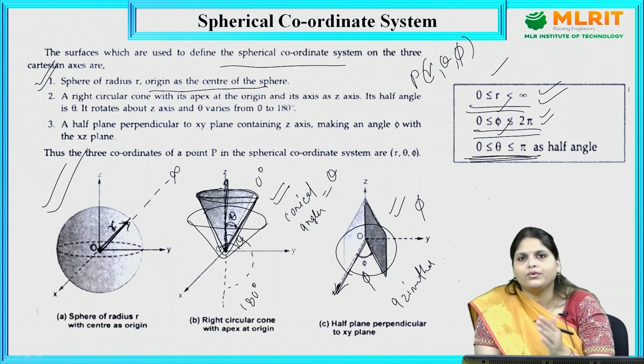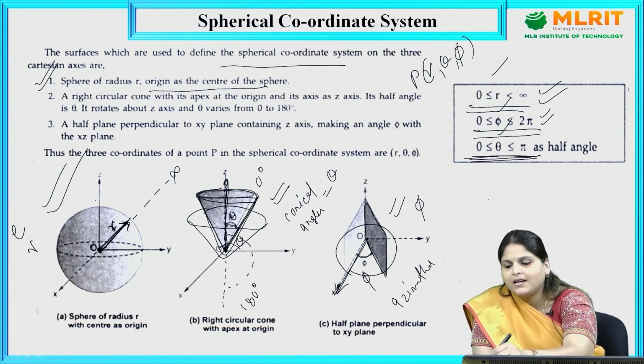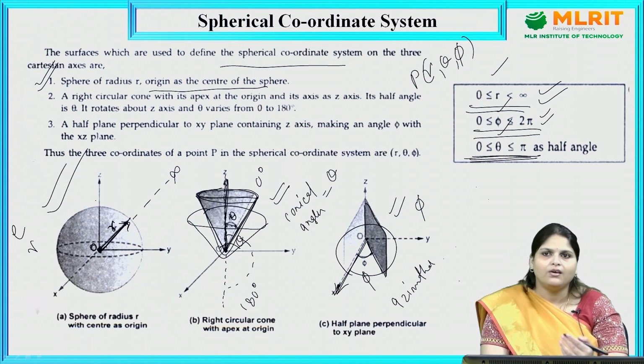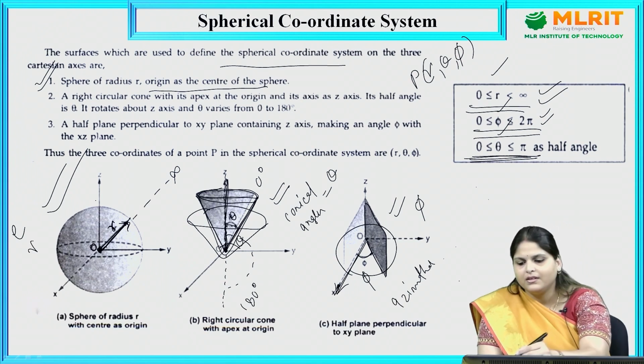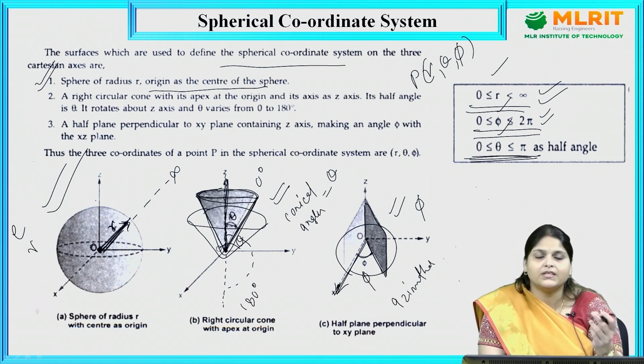So if you want to differentiate, you can take the cylindrical coordinate radius as rho and this one as r, or vice versa, or you can take both as r or rho, that is fine. You should know which one is which radius.